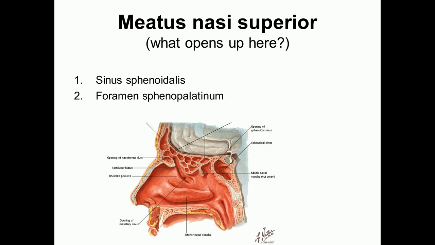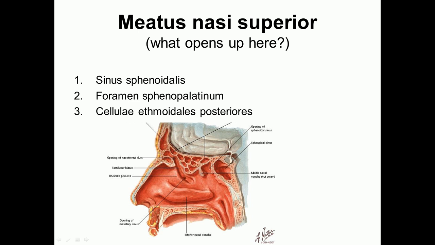Then, number 2, foramen sphenopalatinum. Foramen sphenopalatinum also will be here. And then, cellulae ethmoidalis posteriores. You can see that the ethmoidal bone has numerous cellulae inside of it, which could be divided into anterior ones, medial ones, and posterior ones.